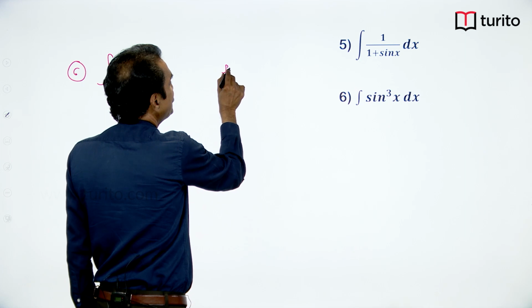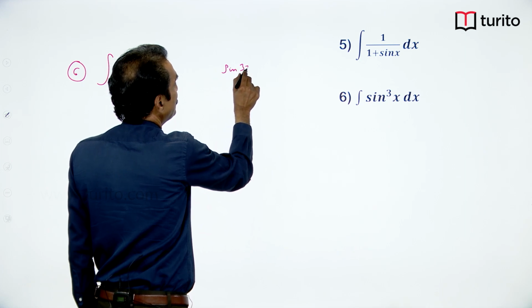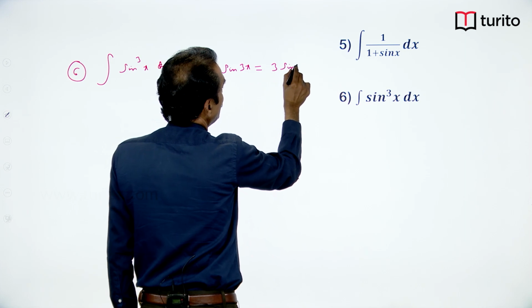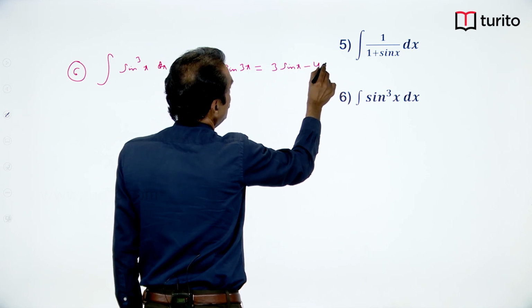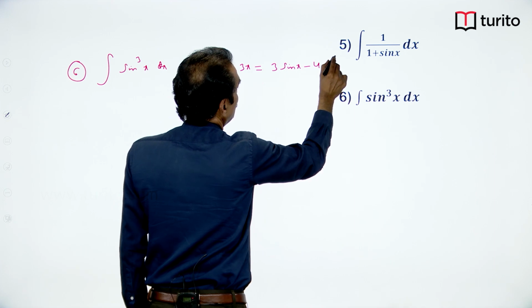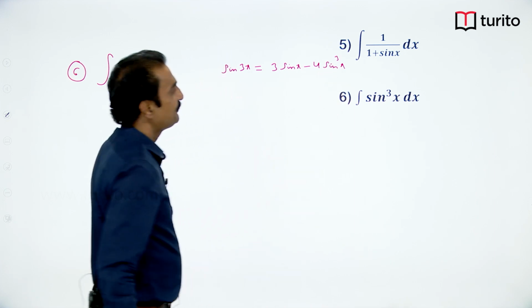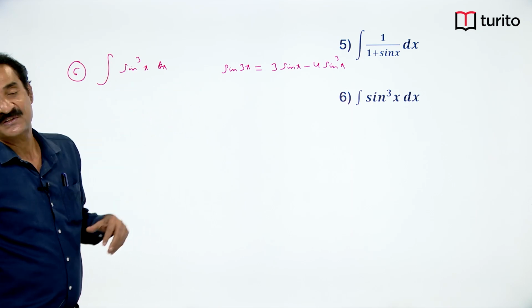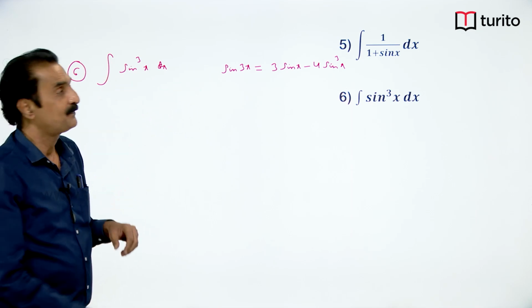Sin 3x is 3 sin x minus 4 sin cube x. From this, you can find sin cube x in terms of multiple angles.